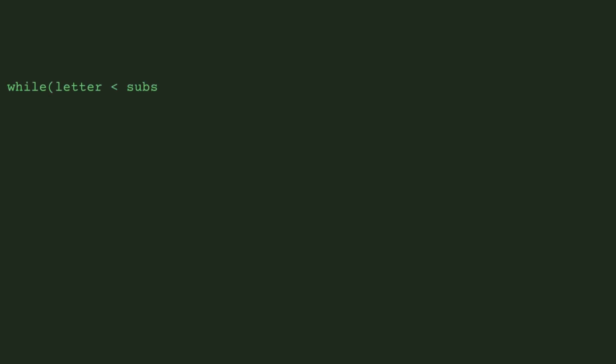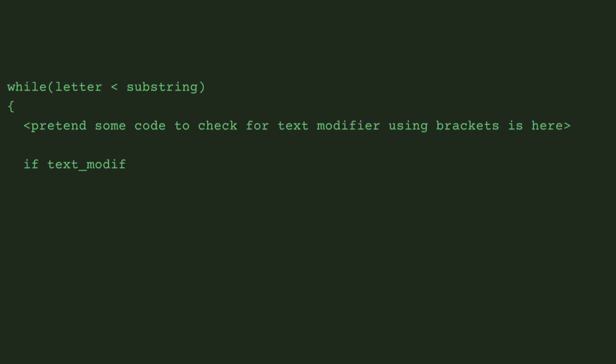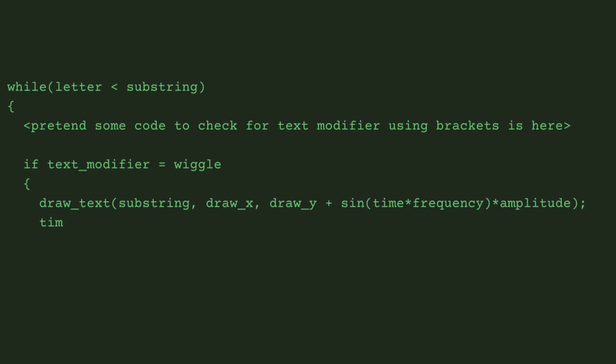And the thing is, I had it inside of the while loop, inside of the case in the while loop to be specific. So it was like while and modifier, oh, wiggly text, okay, we're going to make a sine wave. And the problem is that I was counting up the sine counter inside of this as well.